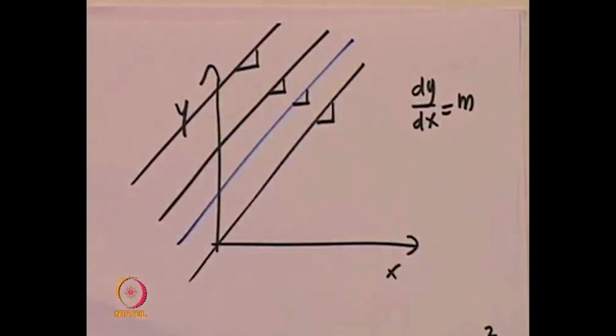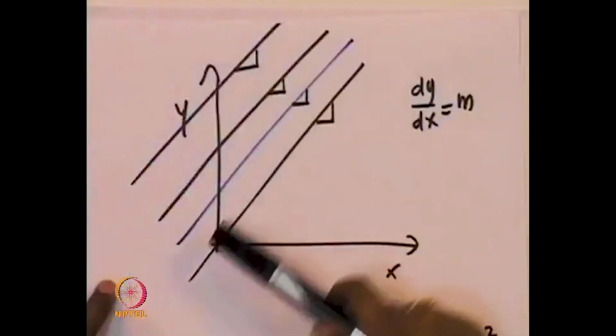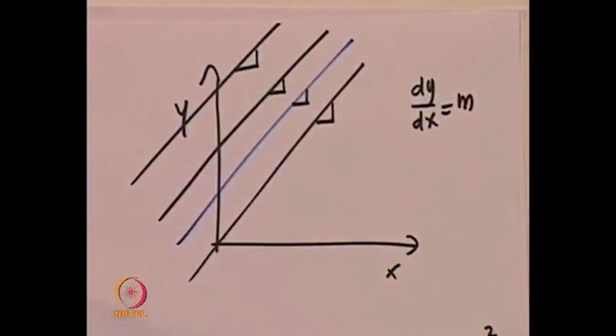We will try and understand what is the implication of this, but for the moment, if somebody tells you to draw a curve with slope m, what would you do? You would draw any of these curves, and you are doing the right thing.